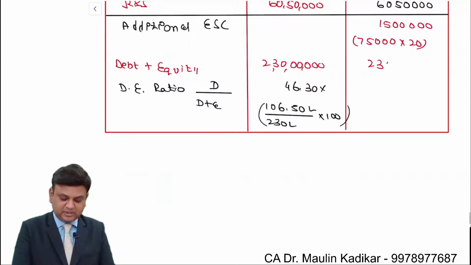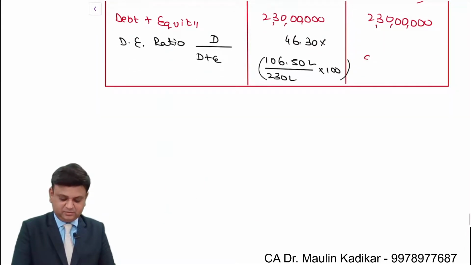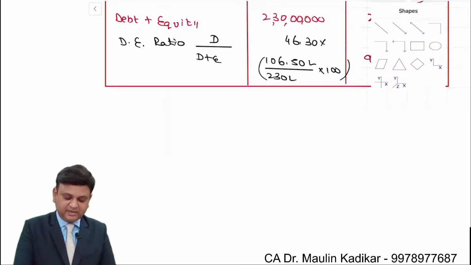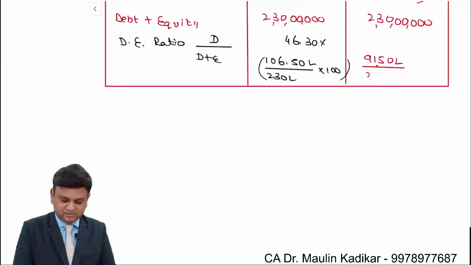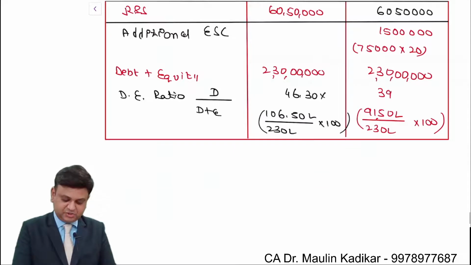Debt financing is 91 lakh 50,000 divided by 230 lakhs into 100 for getting the answer in percentage. So 91.5 divided by 230 comes to 39.78%.